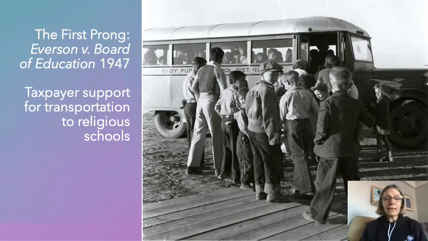So this case revolves around a town in New Jersey that had no high school. The name of the town was Ewing, New Jersey. When it came time for the kids in Ewing to go to high school, they couldn't just get on a public bus to take them to the high school. As such, the school board made a choice.